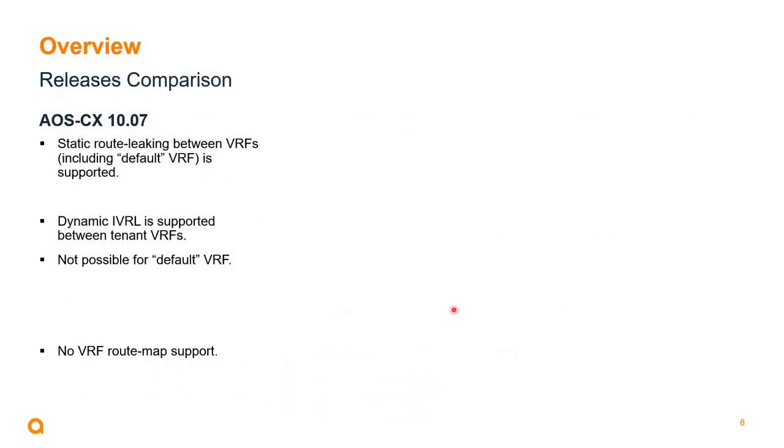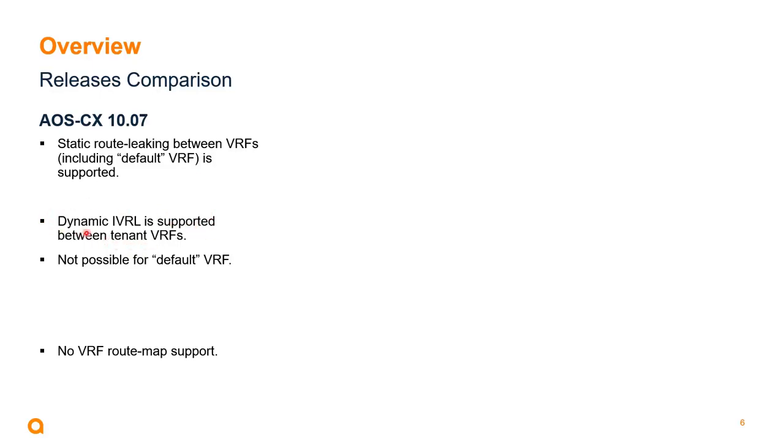So let's check what was the evolution in terms of releases. For instance, in 10.07, static route leaking between VRFs was already supported. You could include the default VRF in that release as well. Dynamic IVRL is supported between tenant VRFs.